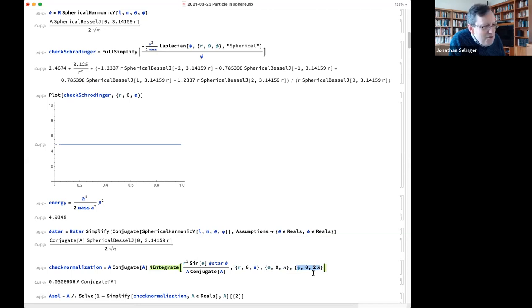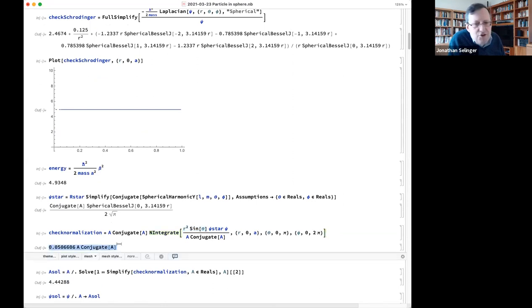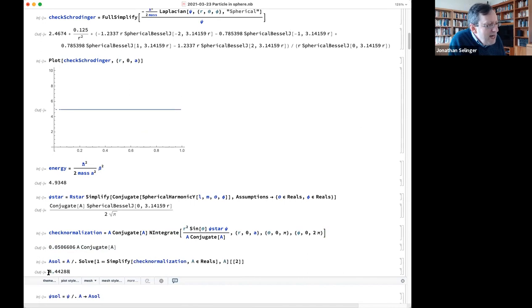If I do that integral with the right measure of integration, the r squared sine theta, better not forget that, it's something times the absolute value of a squared. You've seen lots of problems like that in this semester, right? So you pick a value of a so that that integral comes out to be 1. So a had better be 4.44.